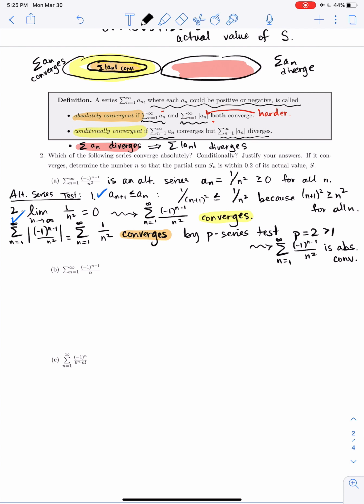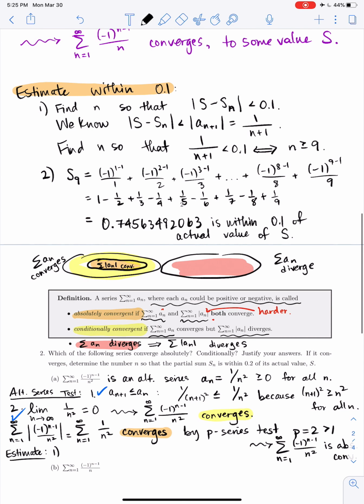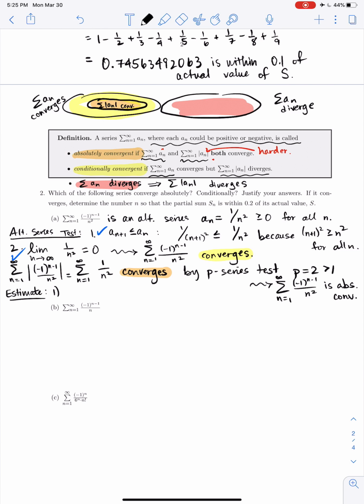Great. Okay, so the last thing that we are asked to do, and I know we're running out of space here, is to estimate. So the estimate that we need to do is we need to first find an n value. Remember how we did this up here? Find an n value so that the difference between the actual value and the s sub n partial sum is less than the degree of accuracy you want, or the amount of error that you want.